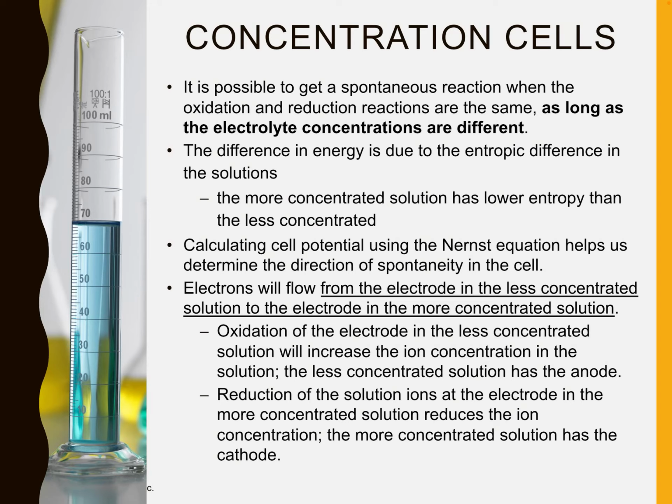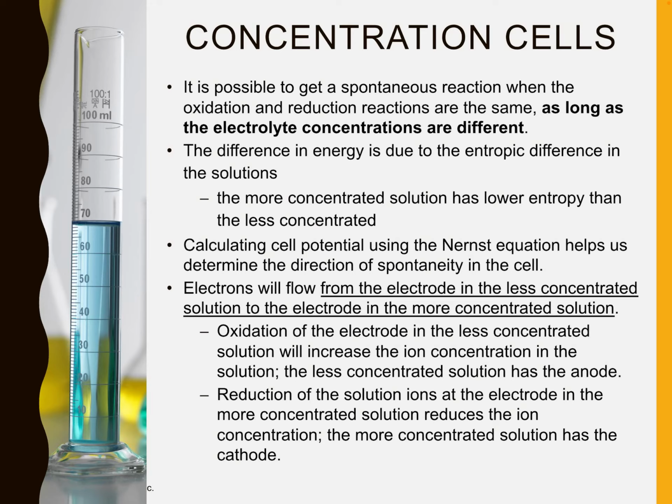Well, if the concentrations were the same, right, the concentrations were 1 molar, then the electrons wouldn't move. But if our concentrations are different, then we can get a spontaneous reaction from these concentration cells. The difference in the energy is due to the entropic difference in the solutions. The more concentrated solution is going to have lower entropy because those molecules are all closer together, right?